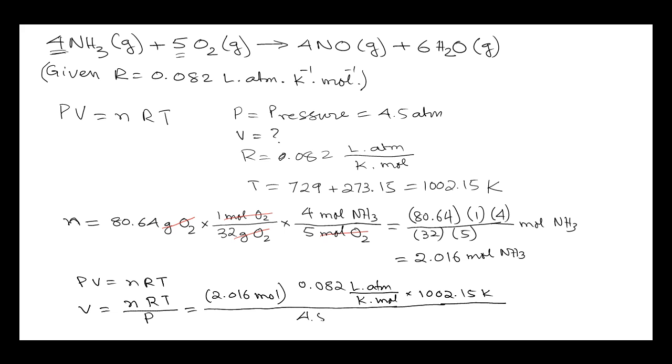Now we have this equation, and we can remove some of the units. The mole over here will cancel out the mole over here. The Kelvin is going to cancel out the Kelvin over here. The atmosphere in the denominator will cancel out the atmosphere in the numerator.